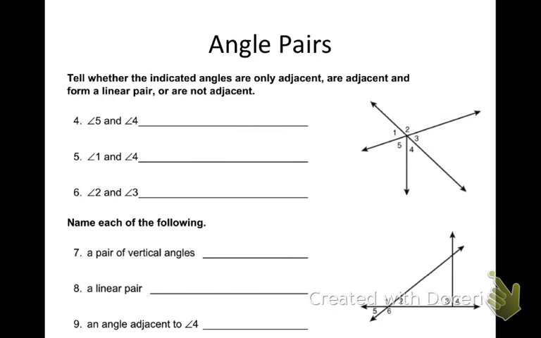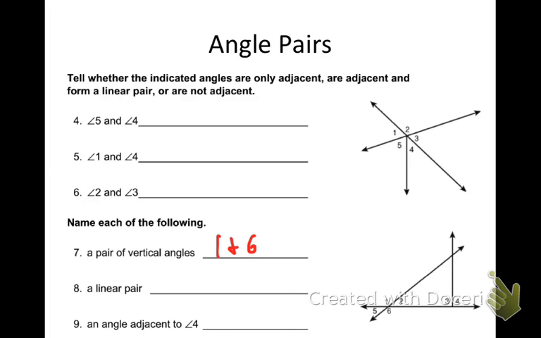All right, let's go through these here. So I want a pair of vertical angles. I said there were 2 answers there. Anderson, what's one of the pairs of vertical angles? 3 and 4. How about, what'd you say? 1 and 6. 1 and 6 would be vertical angles. 1 and 6 are across from each other.